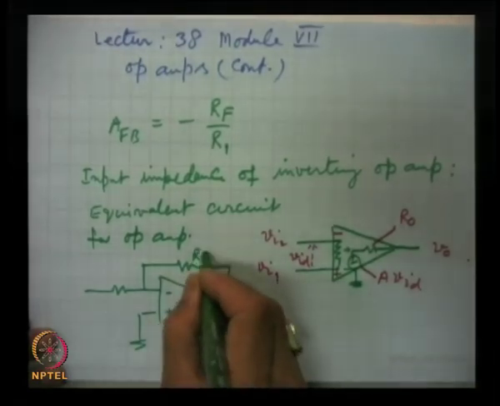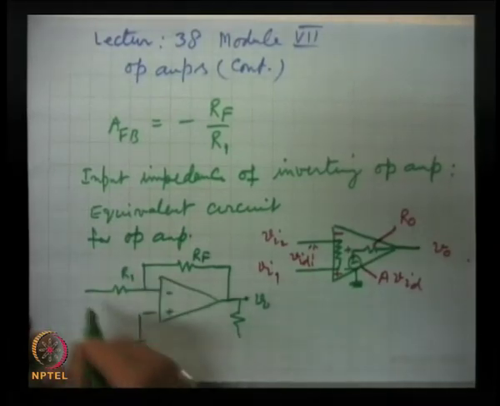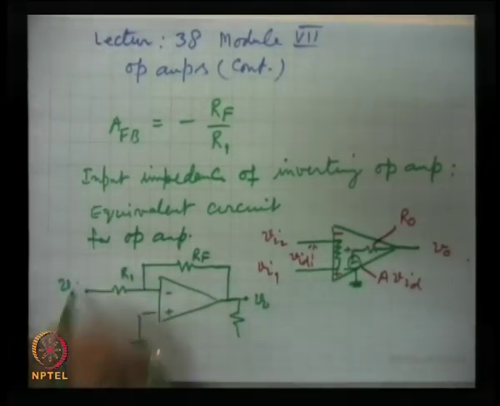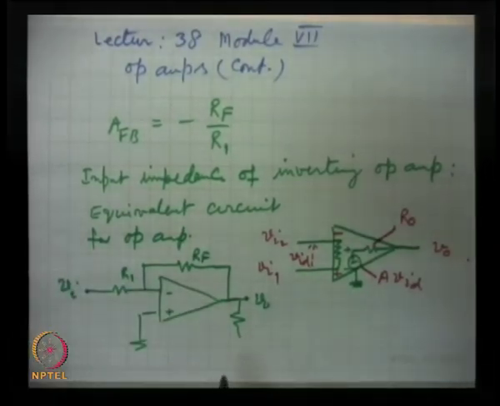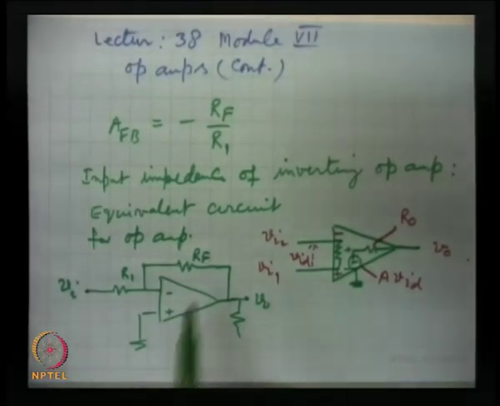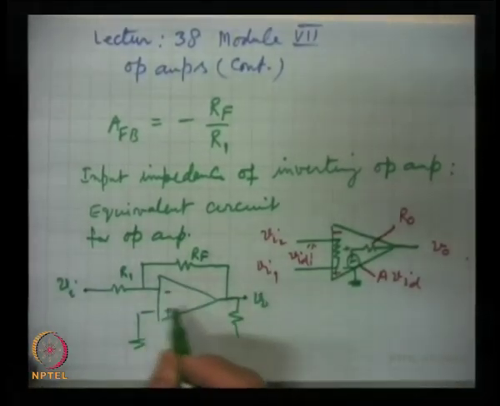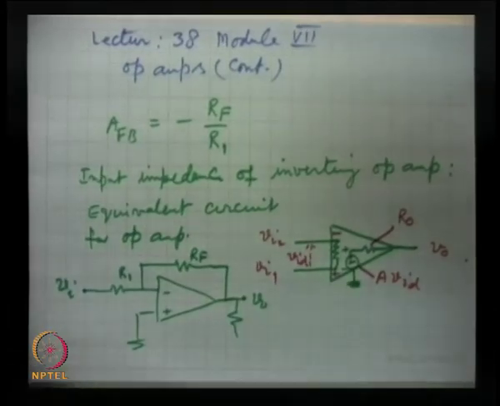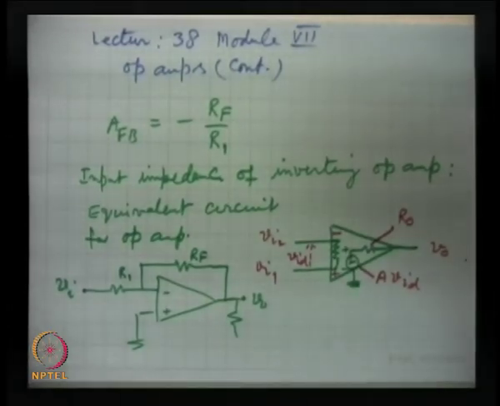This is Rf, this is R1, and here is the input for the inverting amplifier. Now, this resistance Ri is quite high here.